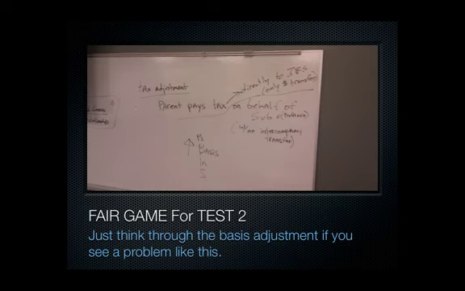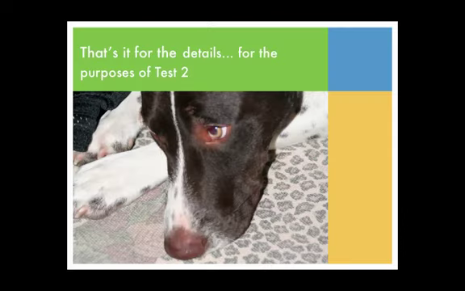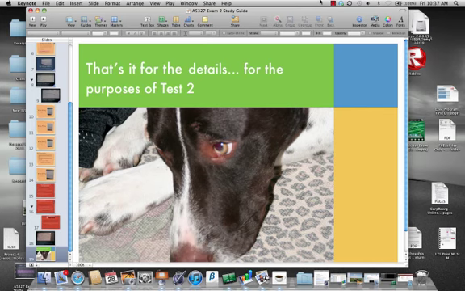All right, so think about that. Just think through the basis adjustment rules if you see a problem like that. And that's it. All right, so be ready for those things. Not looking to add any other types of new detail. That is the test 2 story of how to get ready.